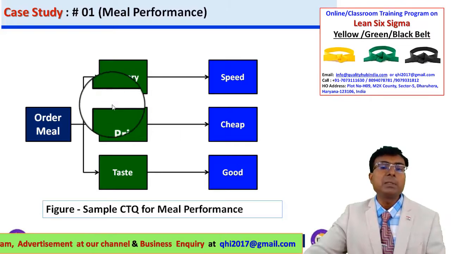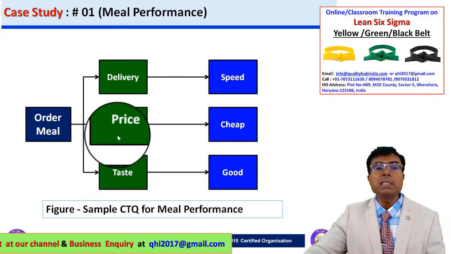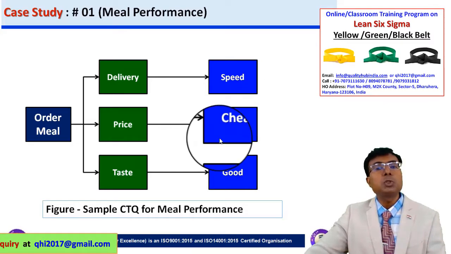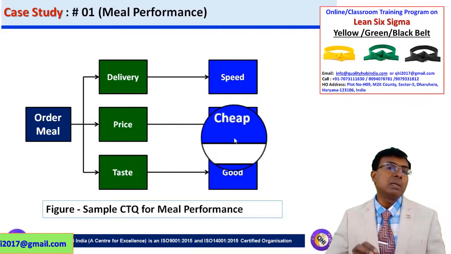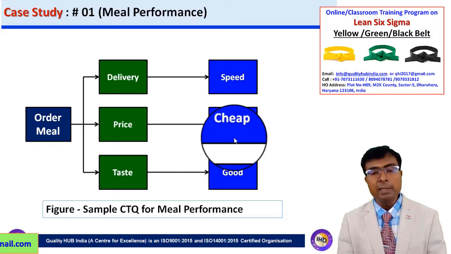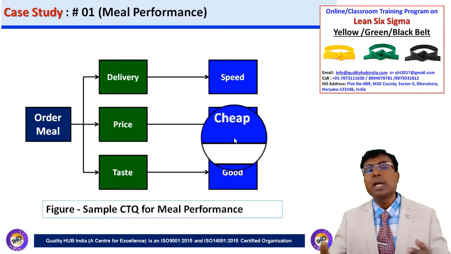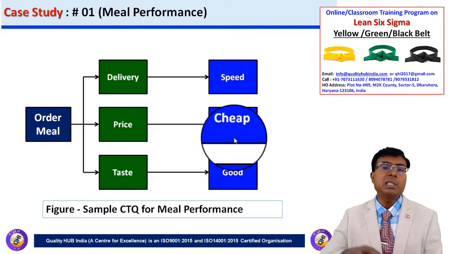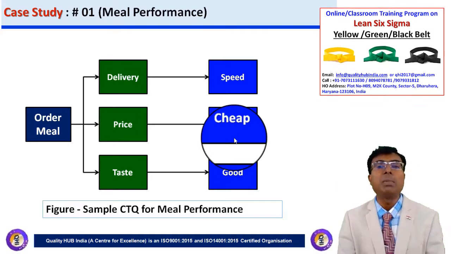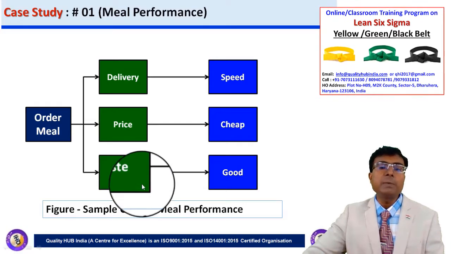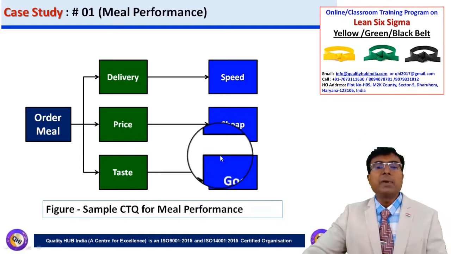Second one is price. So how can I ensure price? I need to make the meal cheap. So how can I ensure cheap? I can set some target. I can make a survey again on what my competitors are doing, how the other industries are performing. I can collect data and select competitive pricing for all my products. And the third element is taste. So how can I ensure taste? For that also, I can define some element.